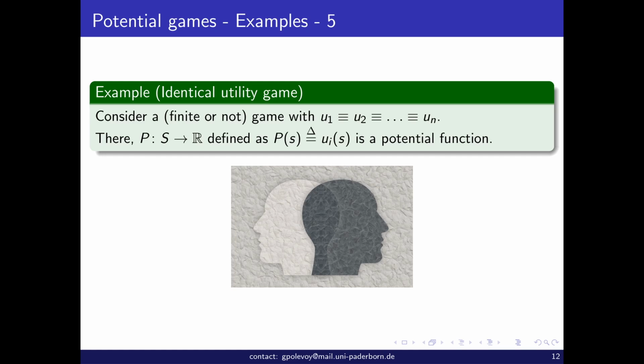By definition, that's also the change in the potential, because that's the common utility. Usually the utility is not common, so it's not so trivial sometimes to find the potential, but in this case it's trivial. And of course, it's a potential, therefore it's a weighted potential, therefore it's an ordinal potential, therefore it's a generalized ordinal potential.